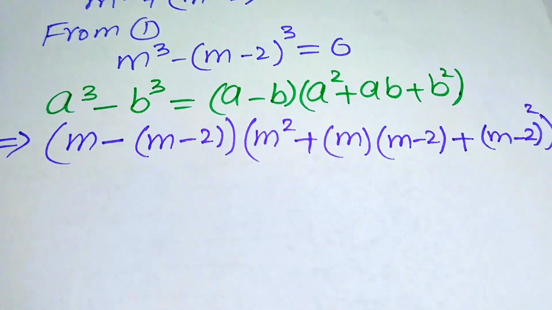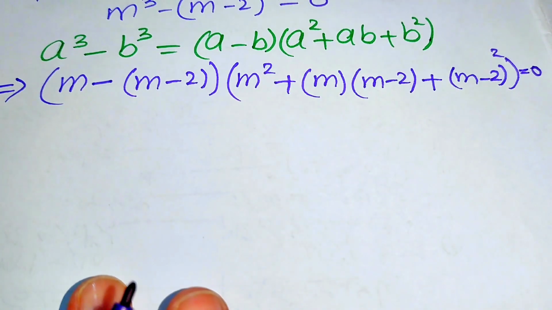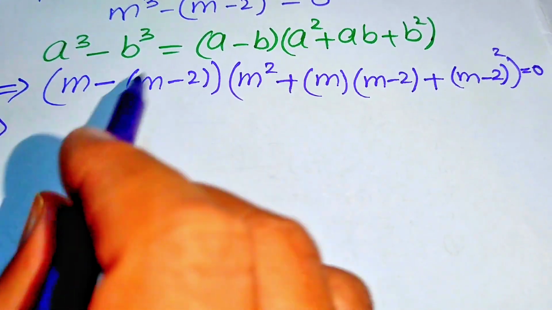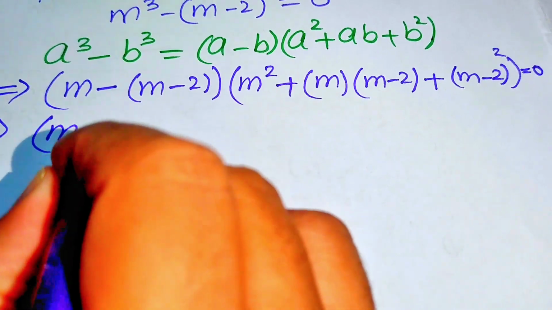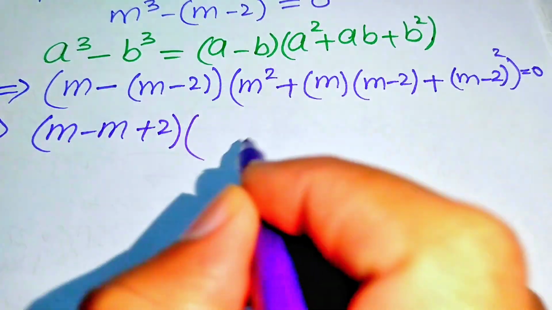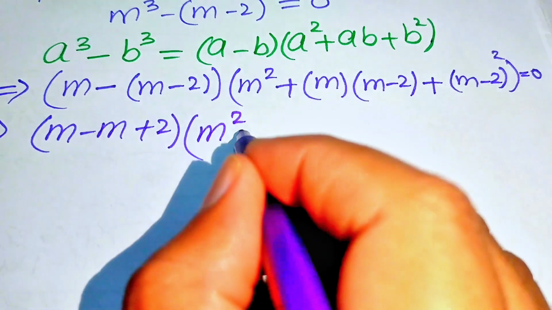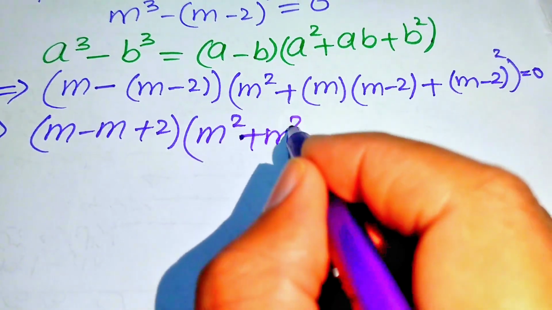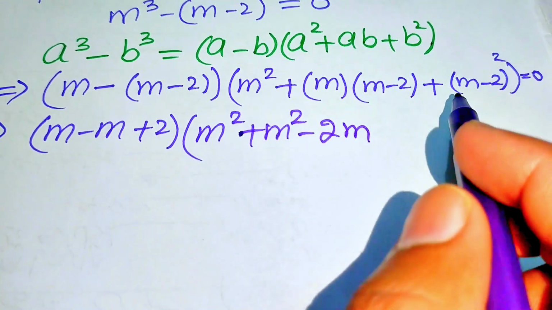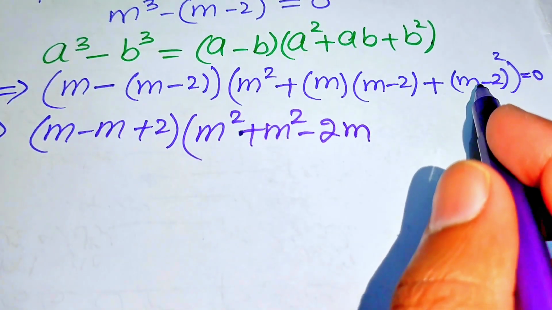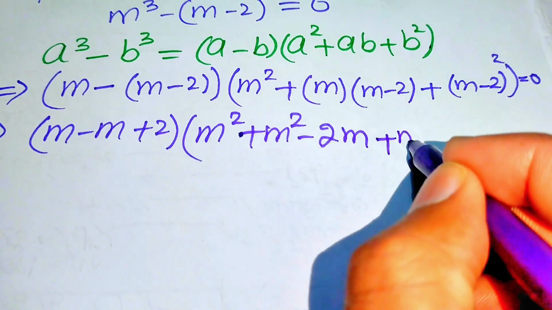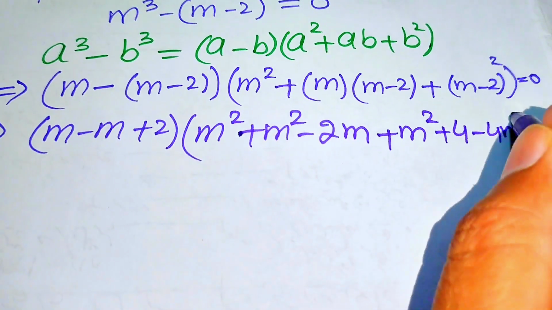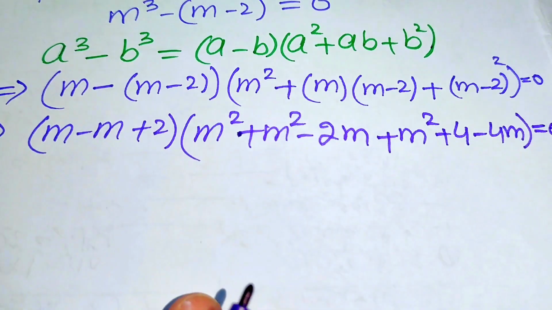So in the next step, here we need a little bit of simplification. First we multiply this minus sign into both of these terms, and it becomes (m minus m plus 2) into m squared, and we multiply this m into both of these terms, and it becomes m squared minus 2m, and here we need to expand (m minus 2) whole squared, so it will be m squared plus 4 minus 4m, and this whole equation equals 0.